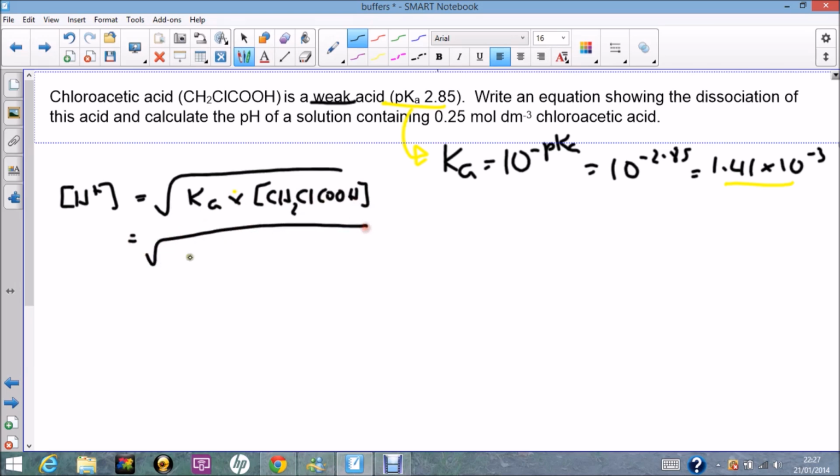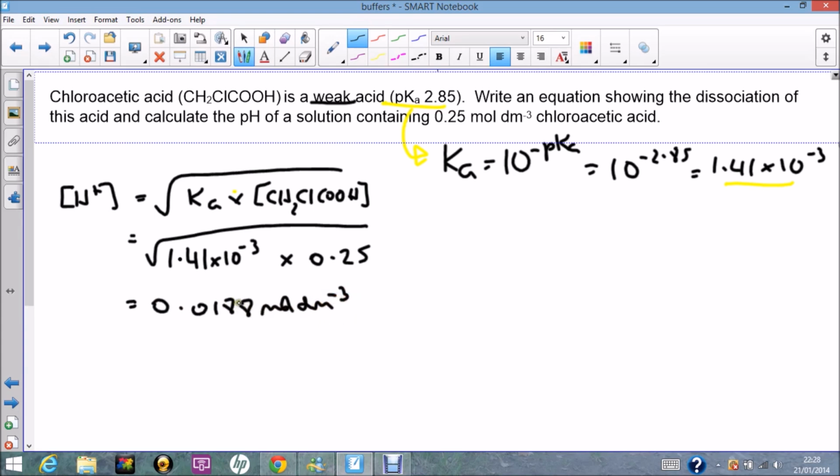So we've just worked out Ka. We've got the concentration up here. We just need to calculate. Gives us 0.0188 moles per decimeter cubed.